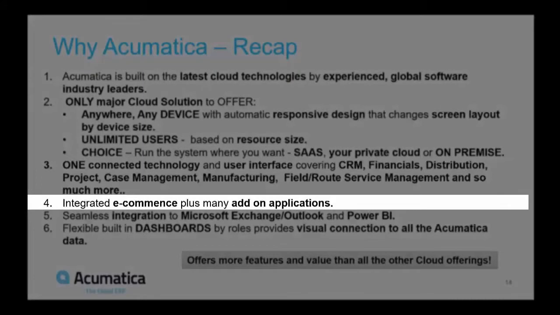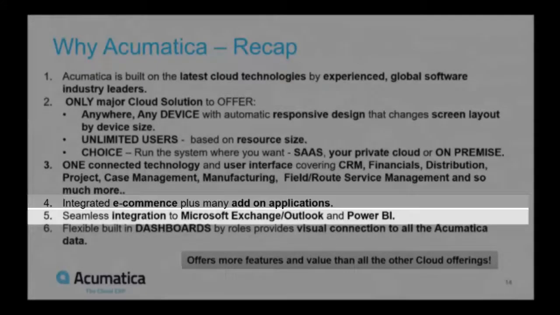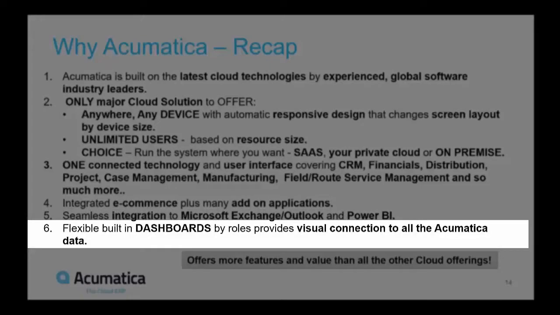Yes, there's a lot of add-on applications also. Seamless integration to Microsoft Outlook and Exchange, and even Power BI, which Acumatica was the first software company to actually incorporate into their core the ability to tie into Microsoft's Power BI. And then last but not least, the flexible dashboards that we talked about, how by role it allows you to visually connect to all of the data that underlies your accounting system.